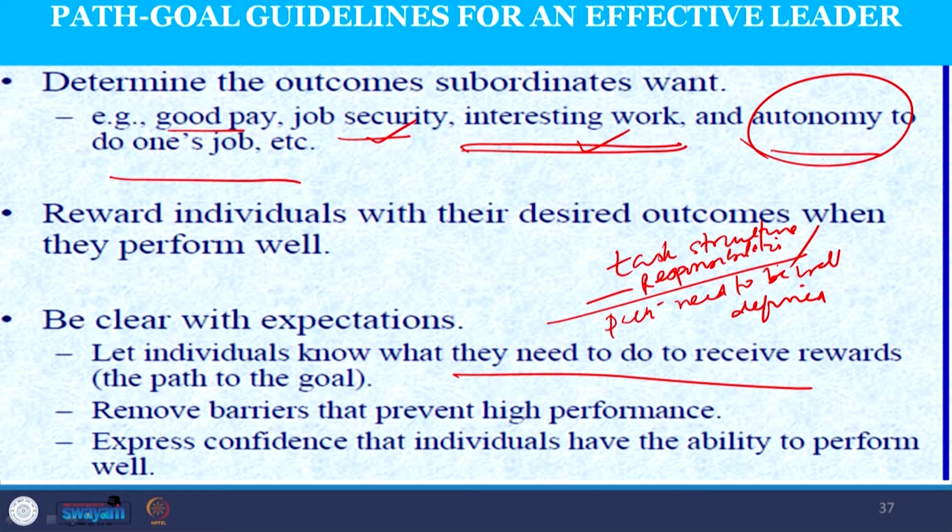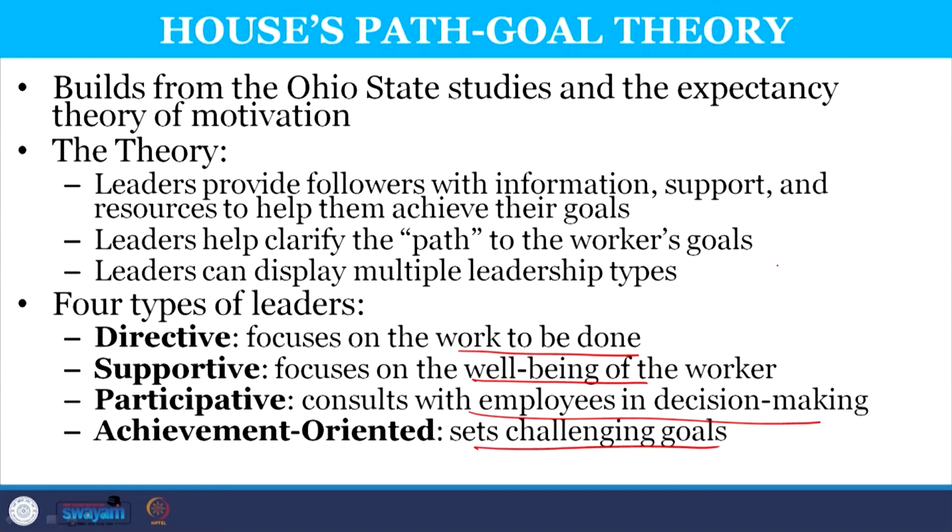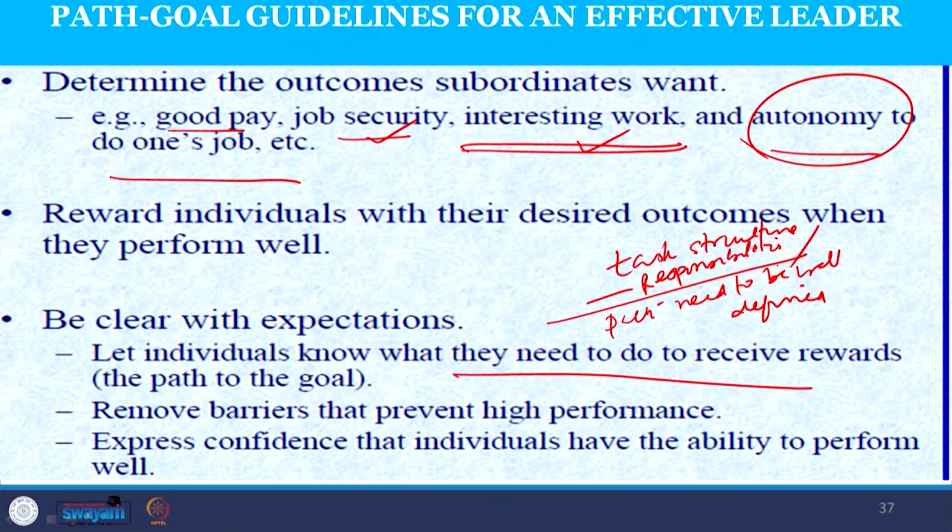So, in the path goal theory of leadership, the leader can adopt different styles, but the purpose is that the leader should help the subordinate achieve goals, and the focus should also be on the well-being and satisfaction of the subordinates.